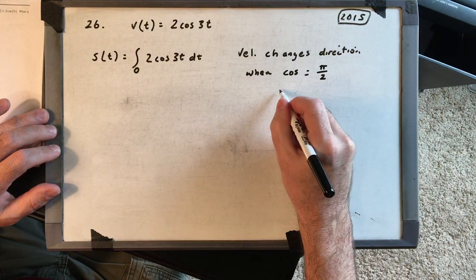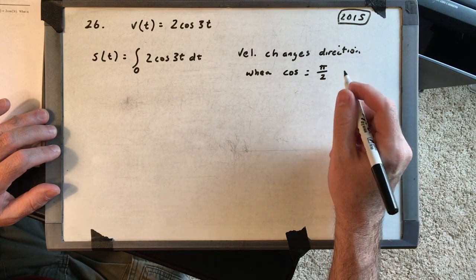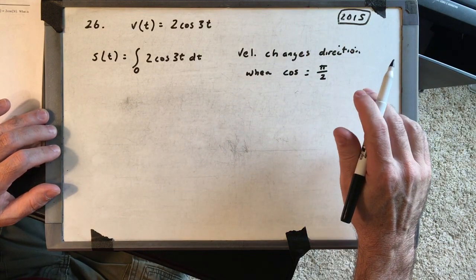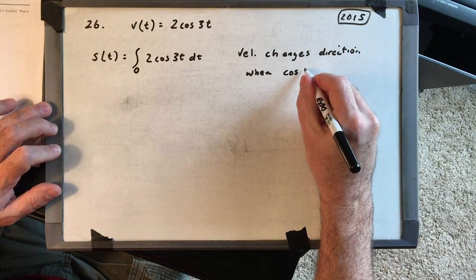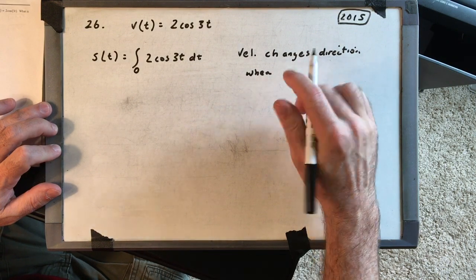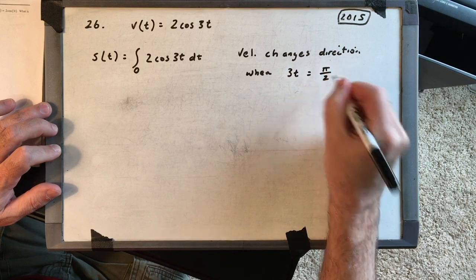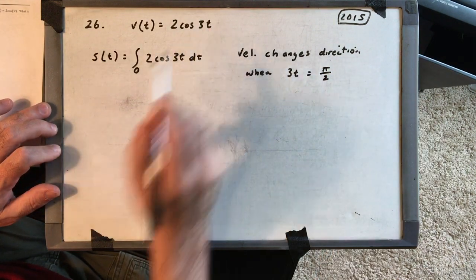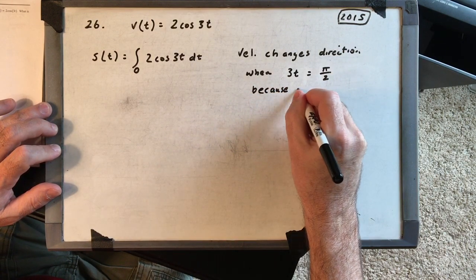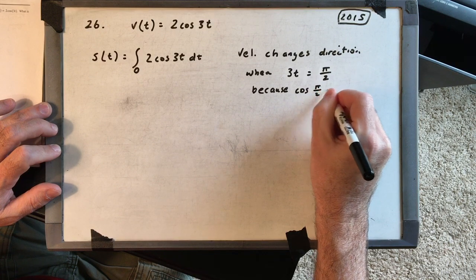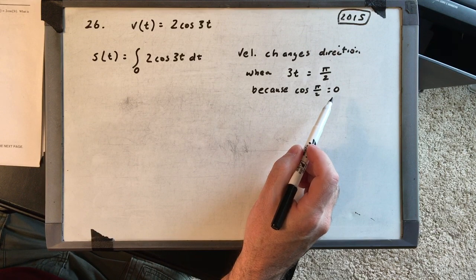Because cosine of pi over 2, all right, well, right, when you have here cosine of pi over 2, not cosine equal to pi over 2. So when 3t, sorry about that, is equal to pi over 2. Because cosine of pi over 2 is 0. So that's where it's going to go from positive to negative. That's where it's going to change direction.